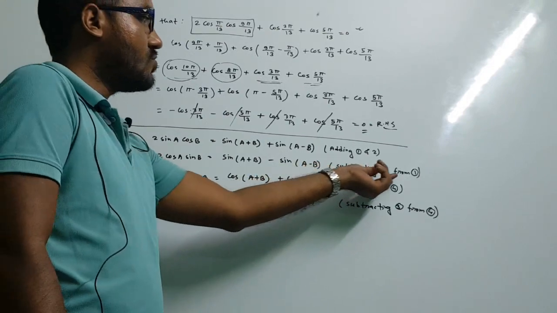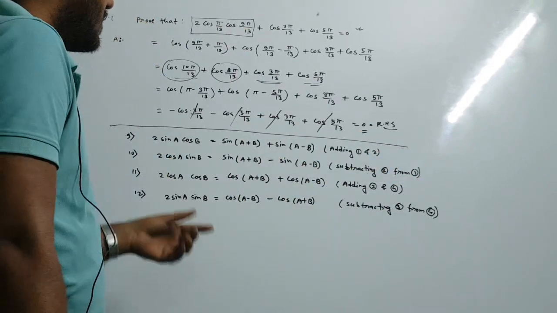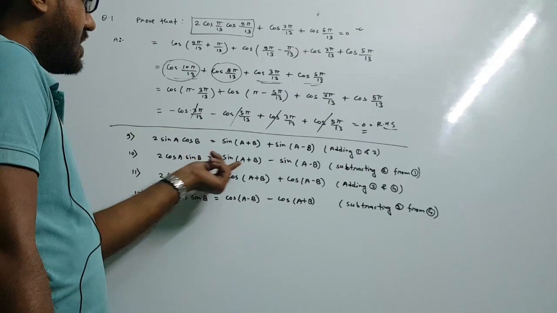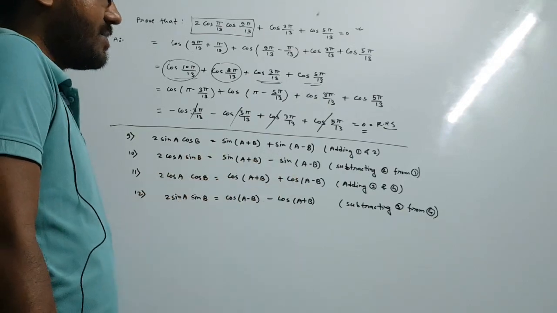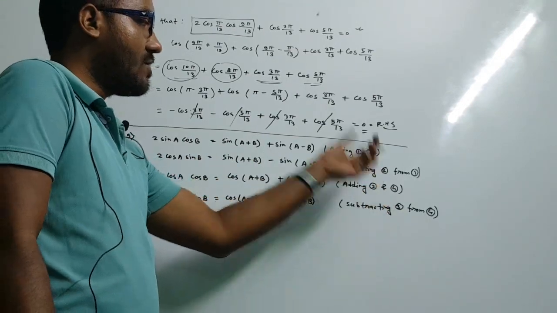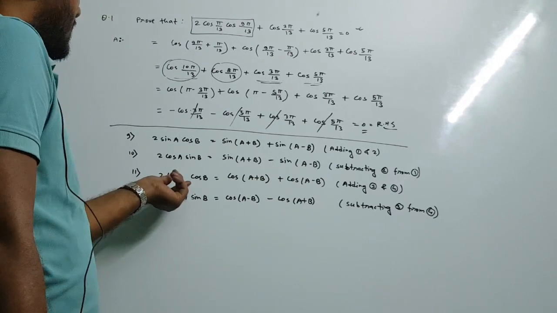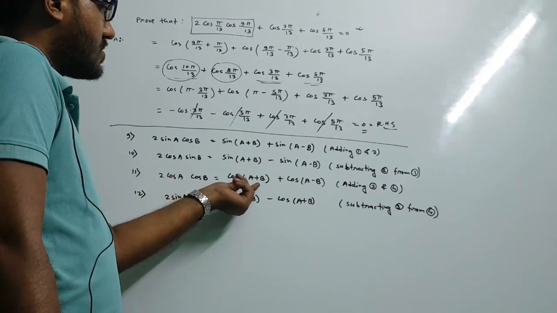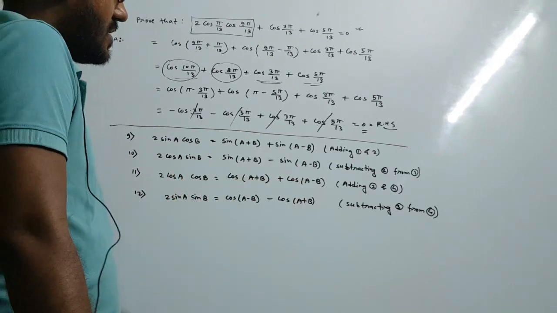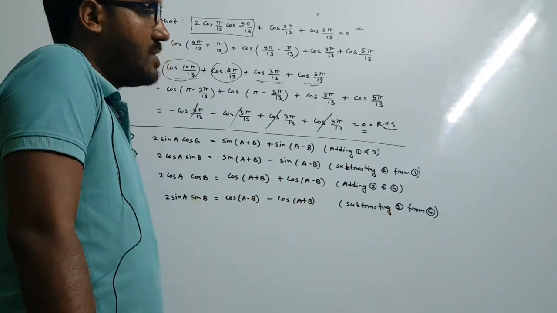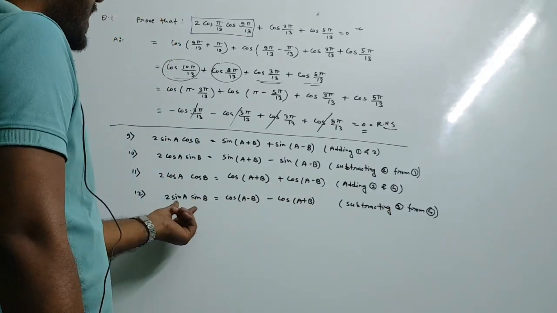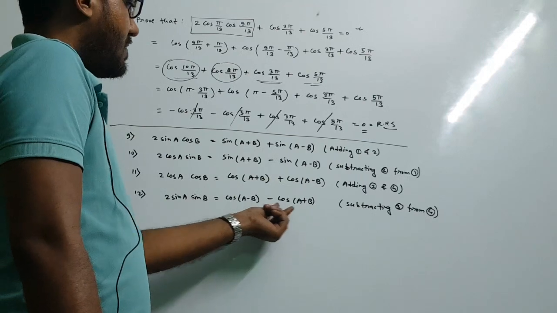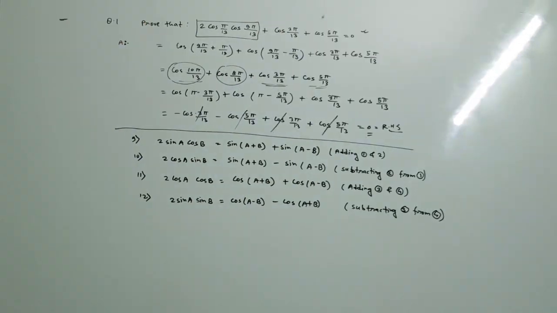If you subtract number 2 from number 1, you will get 2 cos a sin b as sin of a plus b minus sin of a minus b. If you add 3 and 4, the formulas in the previous slide, you will get 2 cos a cos b as cos of a plus b plus cos of a minus b. And in a similar manner, if you subtract 3 from 4, you will get 2 sin a sin b as cos of a minus b minus cos of a plus b.